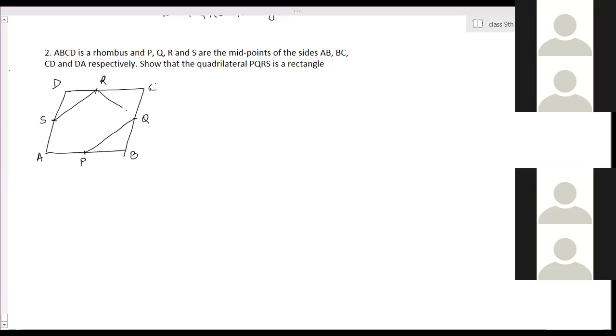You have to prove that it is a rectangle. For a rectangle, what do you have to prove? First, we have to prove PQRS is a parallelogram. Just now we have proved it the same way. And then we have to prove that any one of the angles is 90 degrees. So for that, join AC. Here joining AC is a construction. And join BD also.